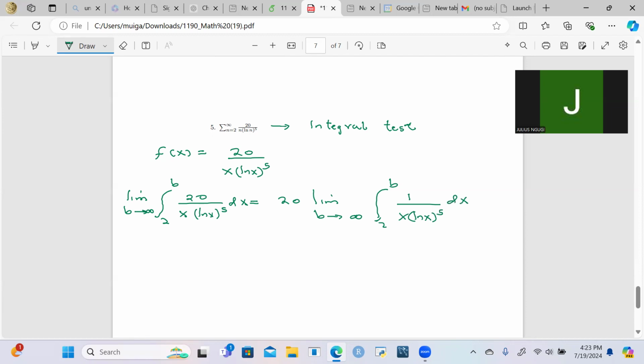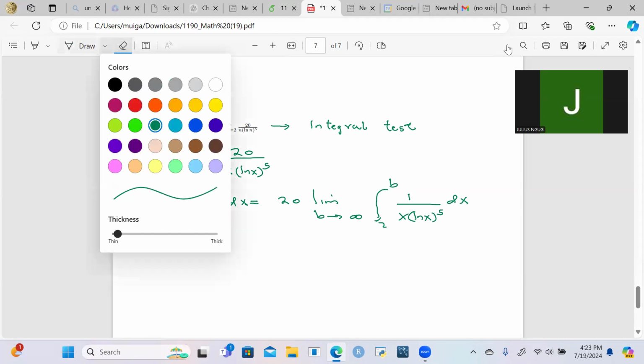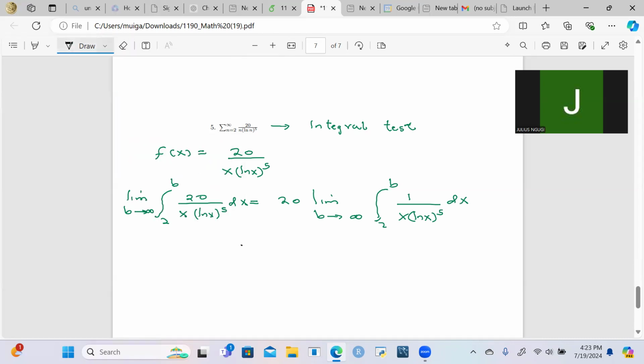So again, we use u substitution. Let's call u whatever is in the parentheses. So u equals ln of x. That means that du equals 1 over x with respect to x.